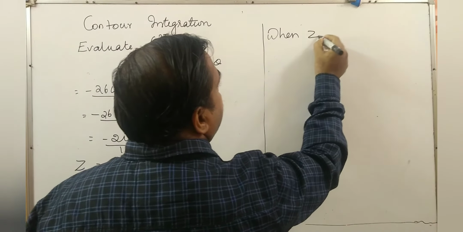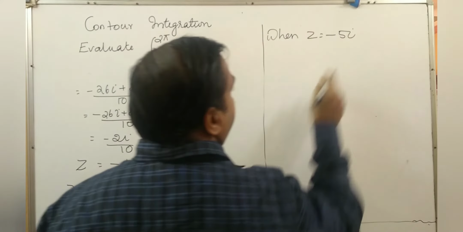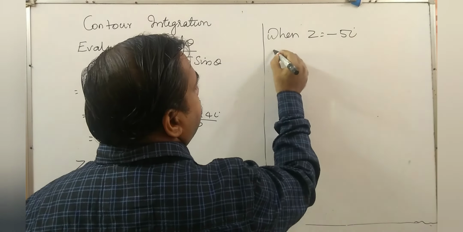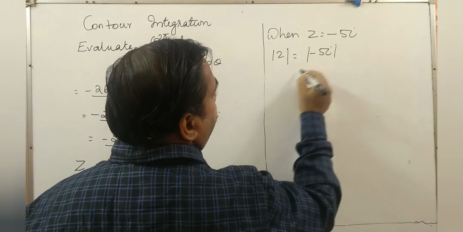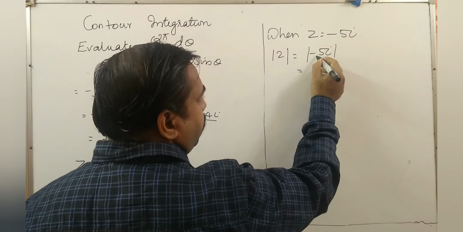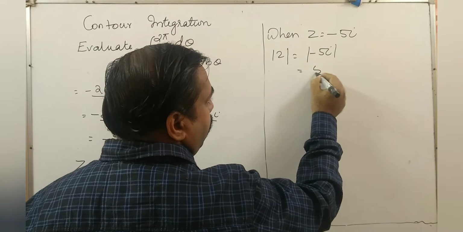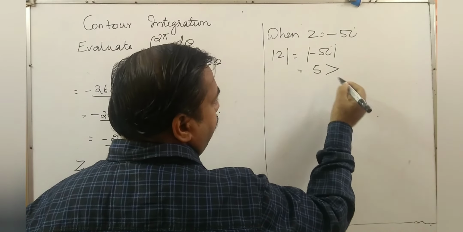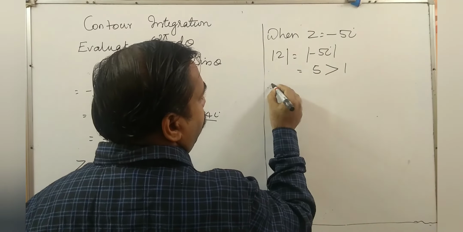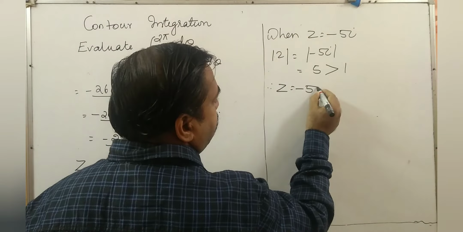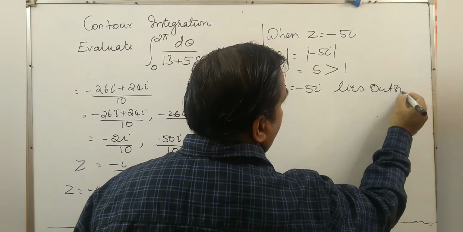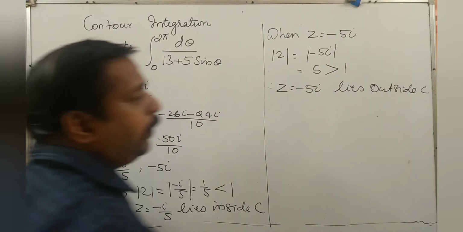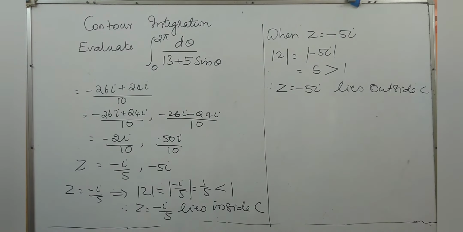When z is equal to minus 5i, mod z is equal to mod 5i, that is 5, which is strictly greater than 1. Therefore, z equal to minus 5i lies outside C.